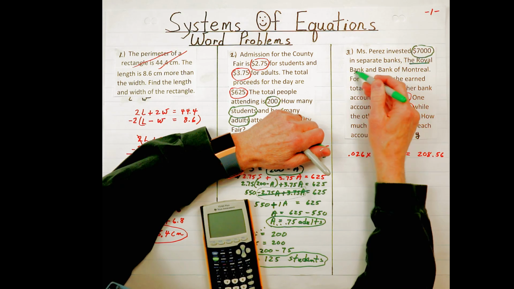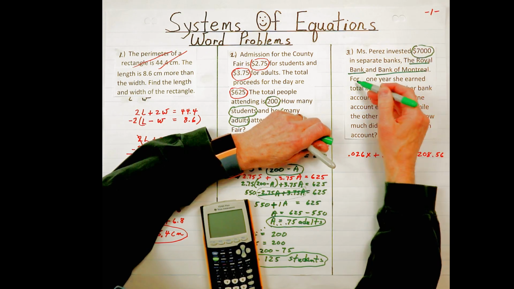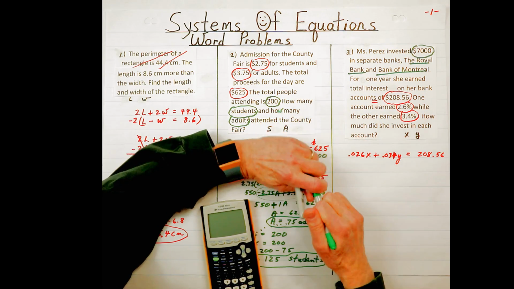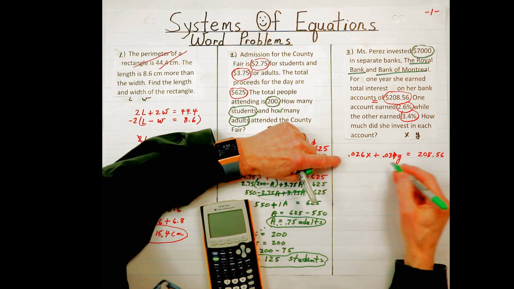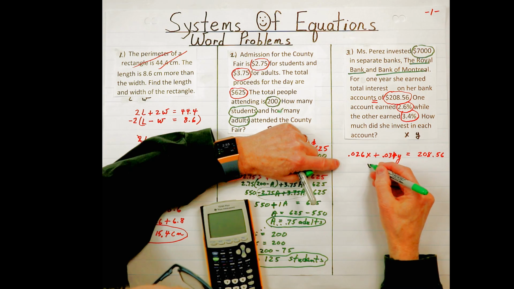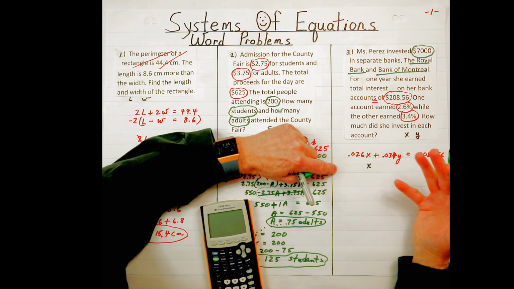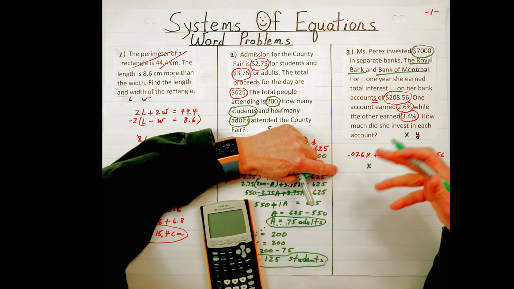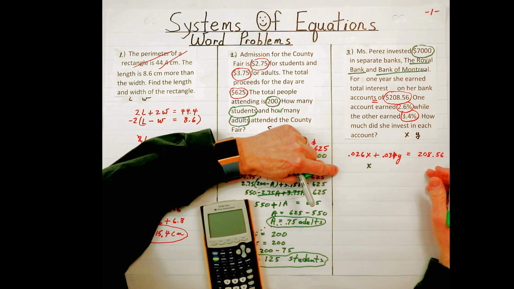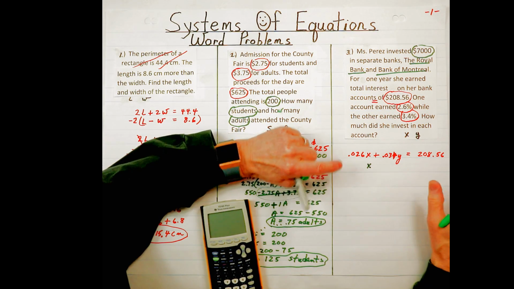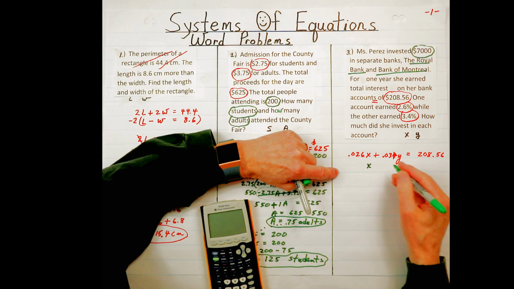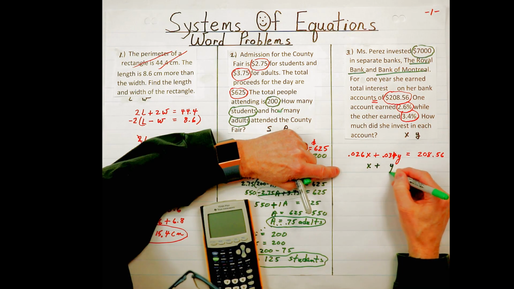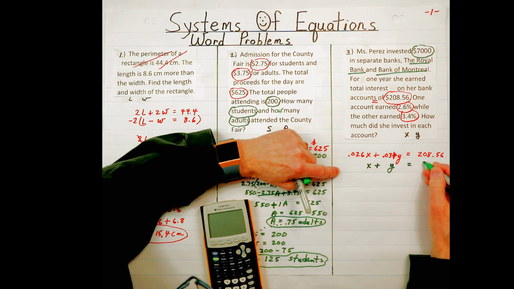One at the Royal Bank and the other one at the Bank of Montreal. So our second equation is going to be about the total money invested in her 2 bank accounts. The second equation does not have anything to do with interest. X plus y equals 7,000.